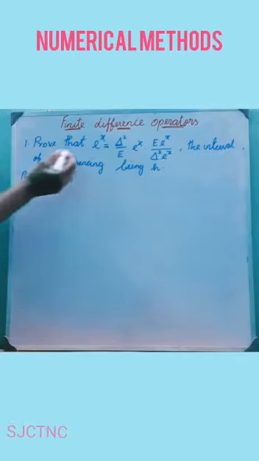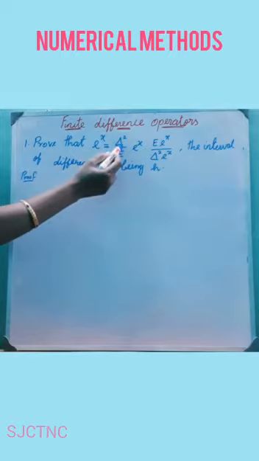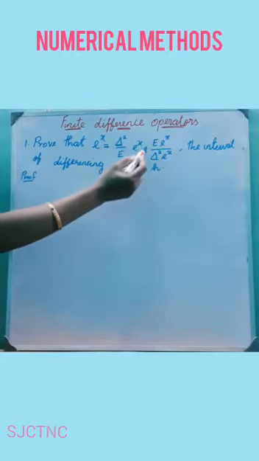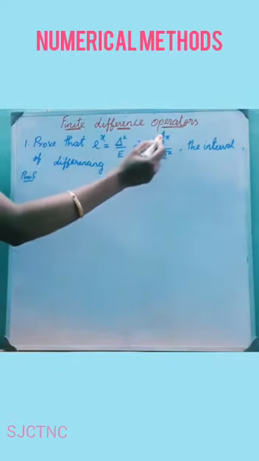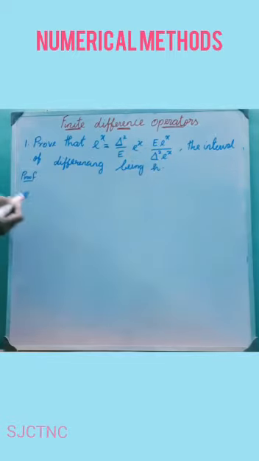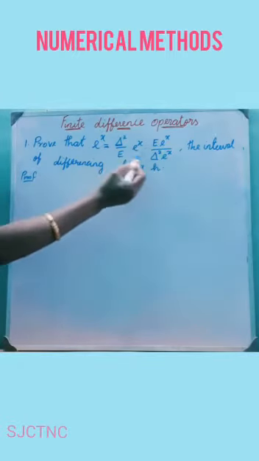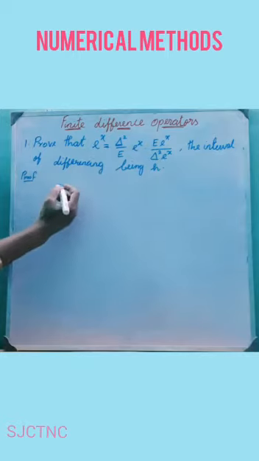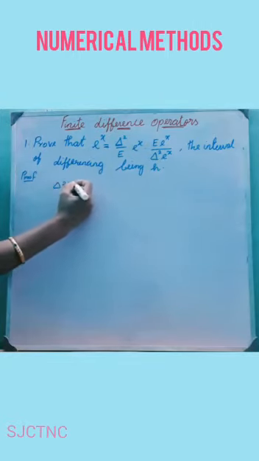We have to prove e power x equal to del square divided by e into e power x, into e power x divided by del squared e power x. Before solving this, let us review the formula of forward differencing of f of x and the shifting operator e of f of x.